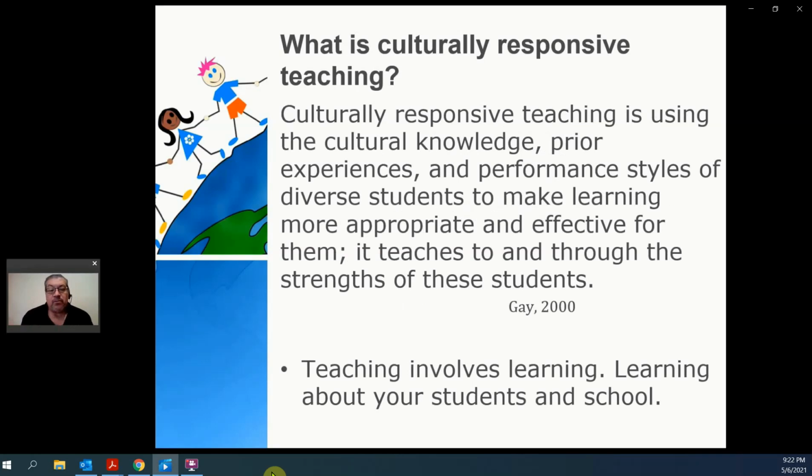Culturally responsive teaching is using the culture, knowledge, prior experiences, and performance styles of diverse students to make learning more appropriate and effective for them. It teaches to and through the strengths of these students. And then I went ahead and threw in my little bullet point. Again, teaching involves learning. So culturally responsive teaching involves learning about your students and even your school.